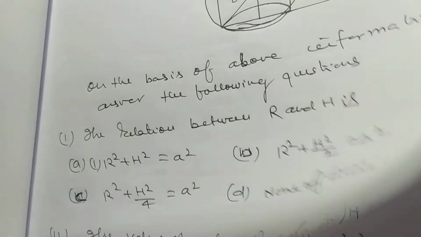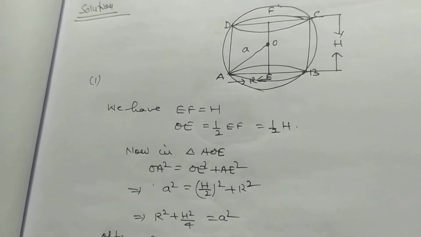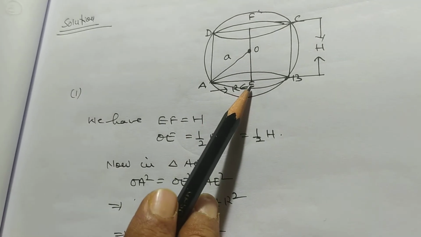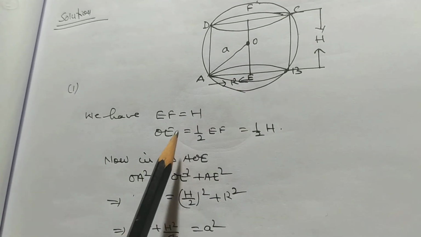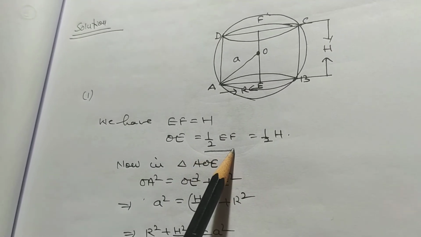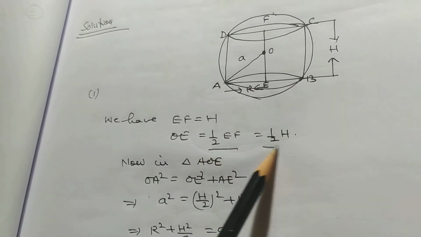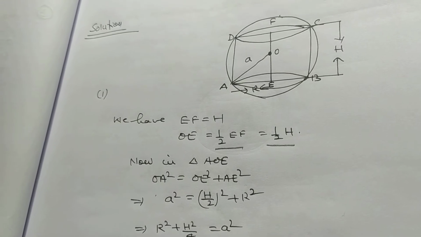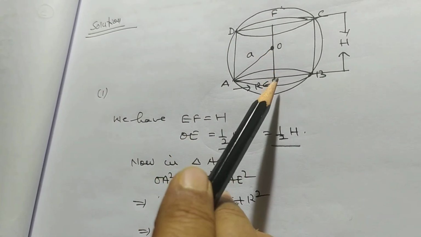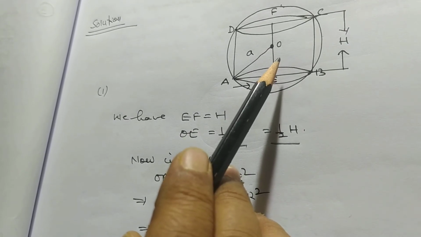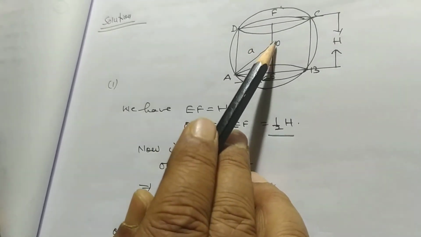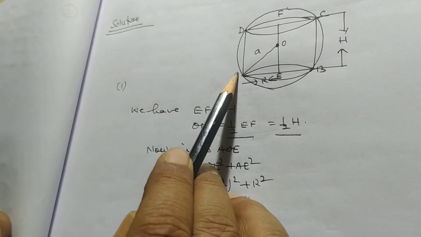So my dear students, now we have EF is equal to H. See this figure. EF is equal to H, the height of the cylinder. OE is equal to 1 by 2 EF, that is 1 by 2 H. Here OA is the radius of this sphere.